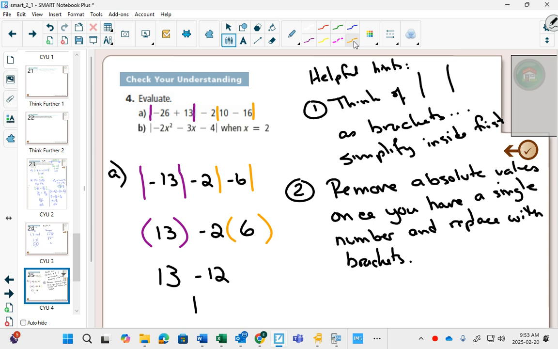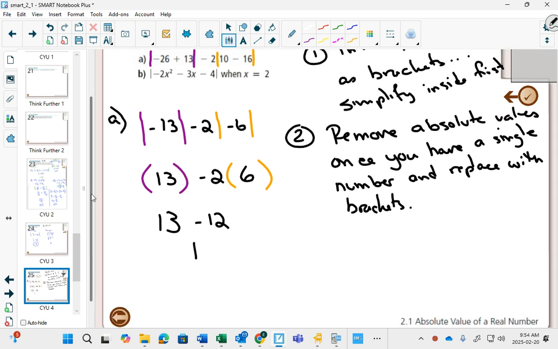If you try to do it too early, and I change this 26 to a positive right away, then I get 39 in there, and that's not the right value. So we think of them as brackets, simplify them to a single number first, and then it's very nice to change them to brackets, even though sometimes you don't need them. But you really did need them here. If you didn't put those orange brackets here, I've seen students think, oh, this is now the number 26. Well, no, it's supposed to be 2 times 6.